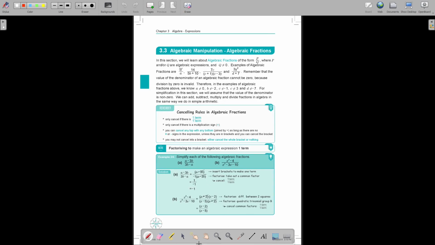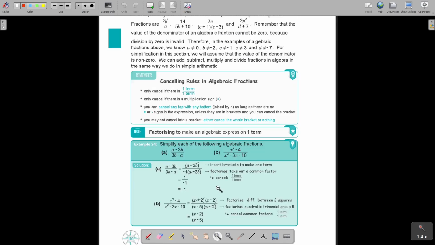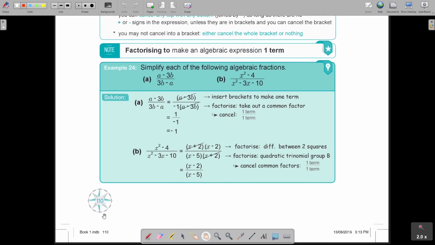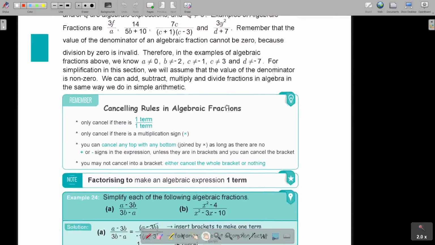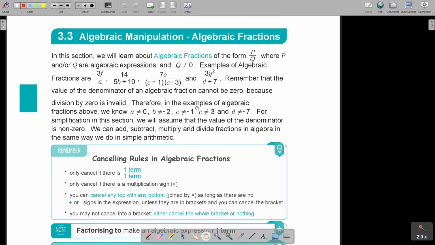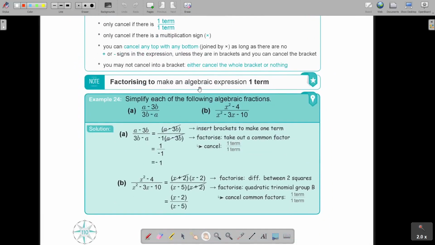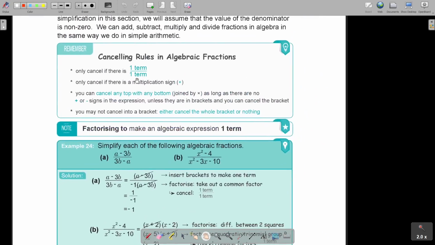Okay. I will show you now the factorization also. We did it. So this is where we will find this. On page 110, this is in the textbook. And then I will just go through the rules. Algebraic manipulation. Now, if you look there, you can only cancel out if you have one term over one term. So what you will do is you will factorize to make it one term.